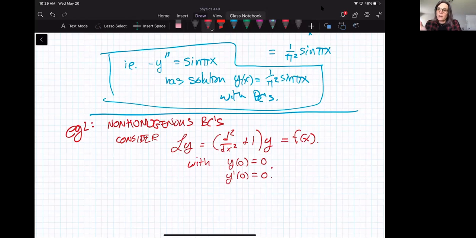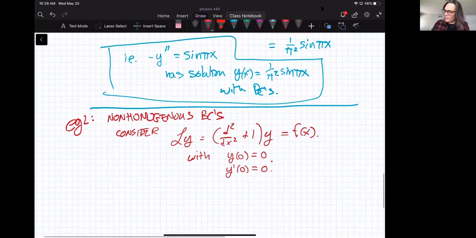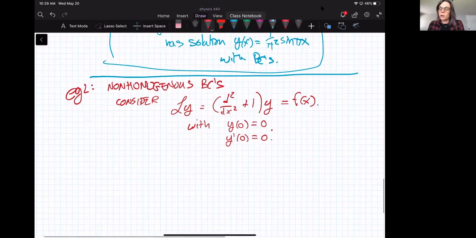You notice right away we have a problem, right? We don't have the other endpoint. We don't have a boundary condition on the other endpoint, say at x equals 1. We only have the boundary condition for y prime of 0.